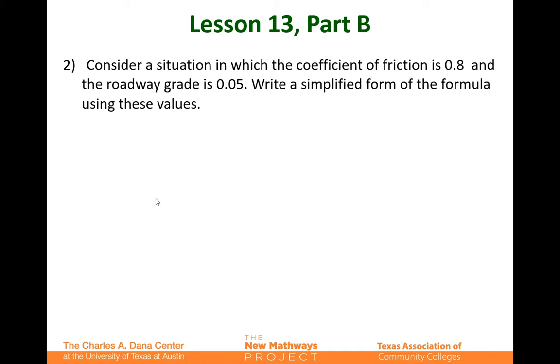It says consider a condition in which the coefficient of friction is 0.8 and the roadway grade is 0.05. Write a simplified form of the formula using these values. So here's our formula.